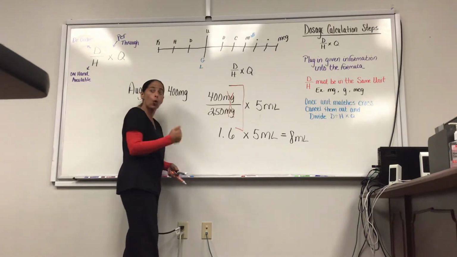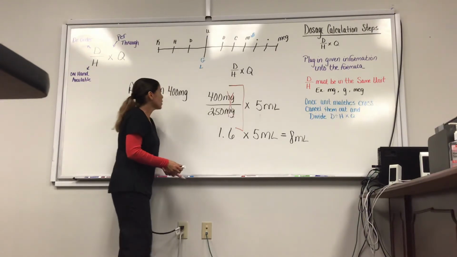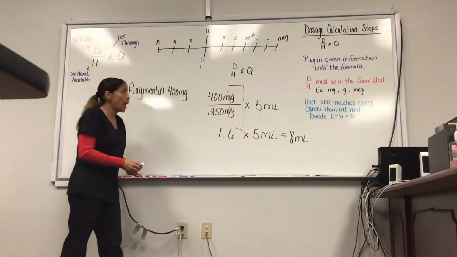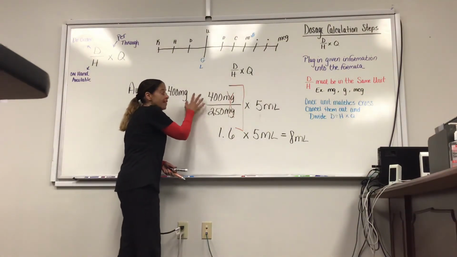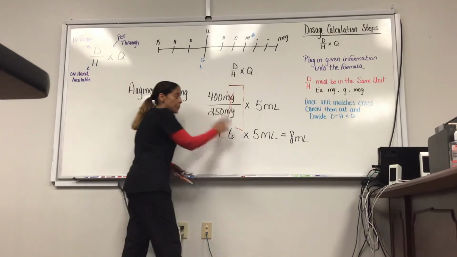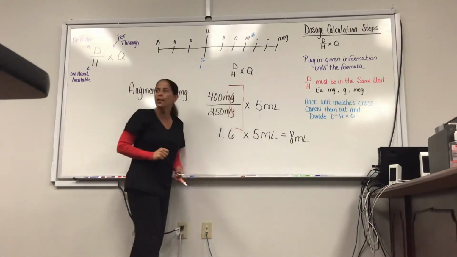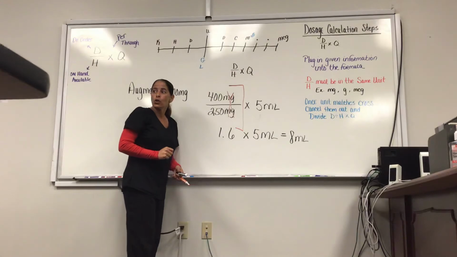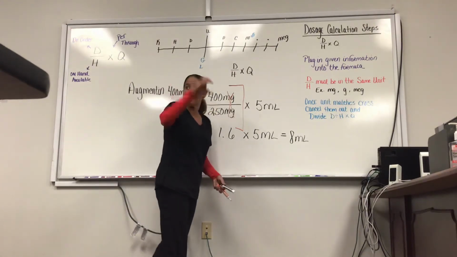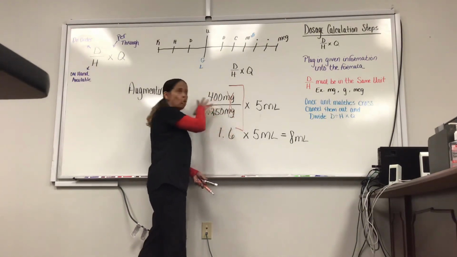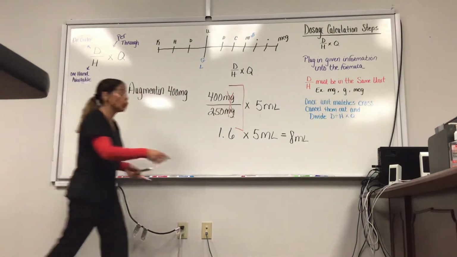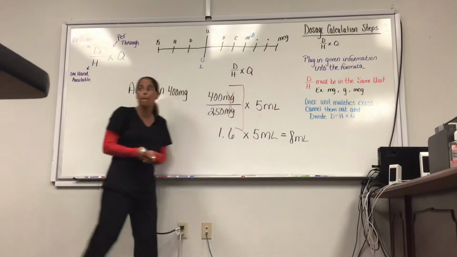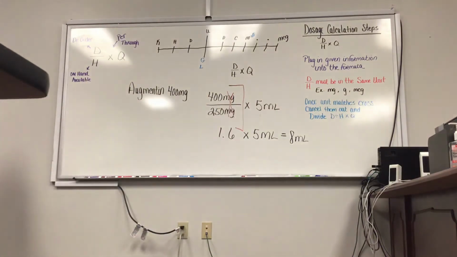The doctor ordered 400 milligrams, and they get that 400 milligrams when they take 8 milliliters. So 8 milliliters of liquid in this case equals that 400 milligrams. That would be their dosage.